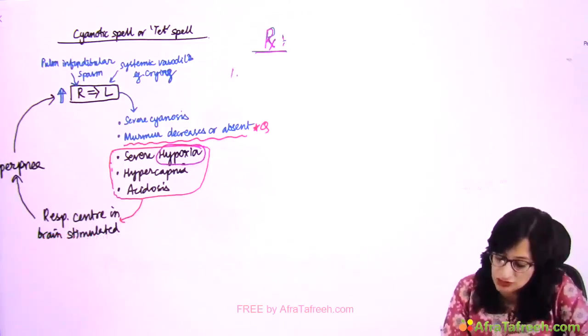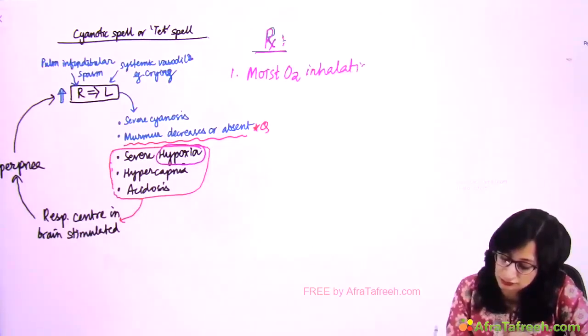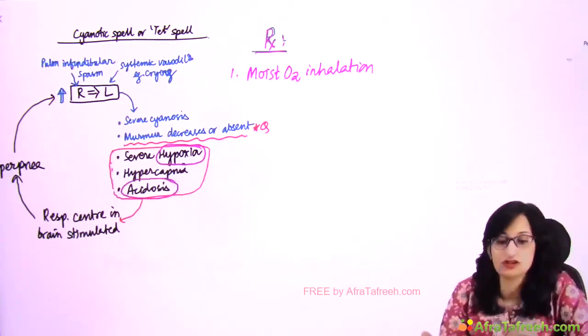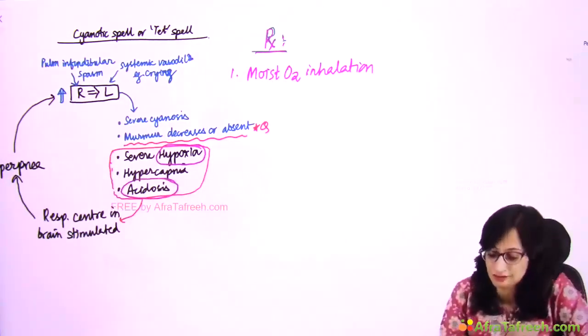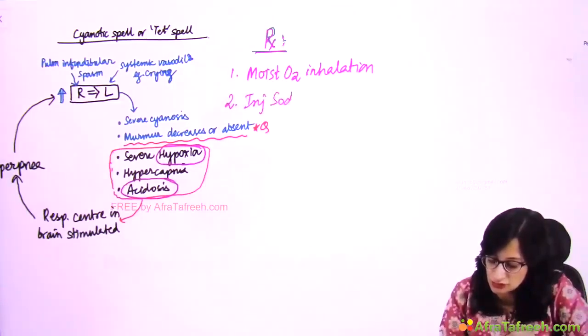So give oxygen, moist oxygen inhalation. This acidosis is causing problem by stimulating the respiratory center in the brain. So you give injection sodium bicarbonate to neutralize the acidosis.